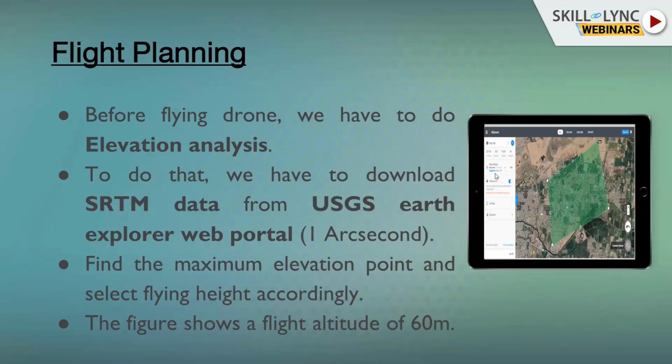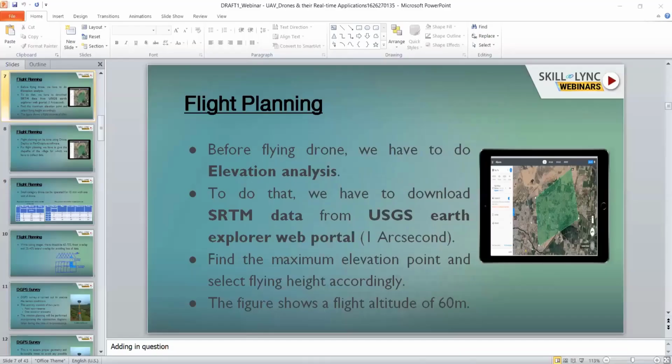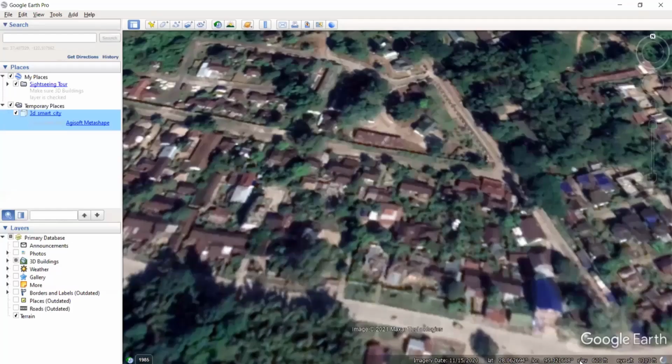If you see here, this is the elevation in feet. If you move anywhere, the elevation is changing. So we have to analyze the entire elevation of the area. Above that, we have to plan a 60 meter or 70 meter height for flight planning.